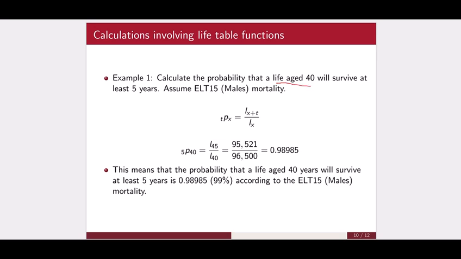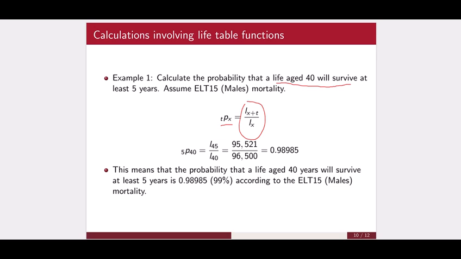Here we've been asked to find the probability that this life will survive. So since we're talking about survival, we are being asked to calculate the survival probability function, tpx. Now, tpx, as we earlier mentioned, is linked with the life table function over this formula as Lx plus t over Lx.